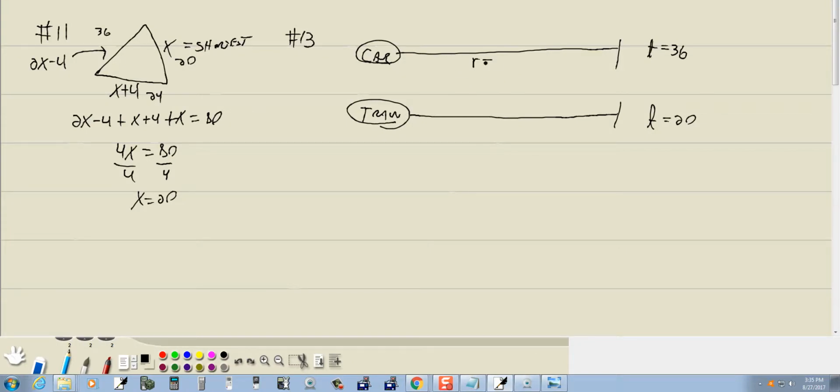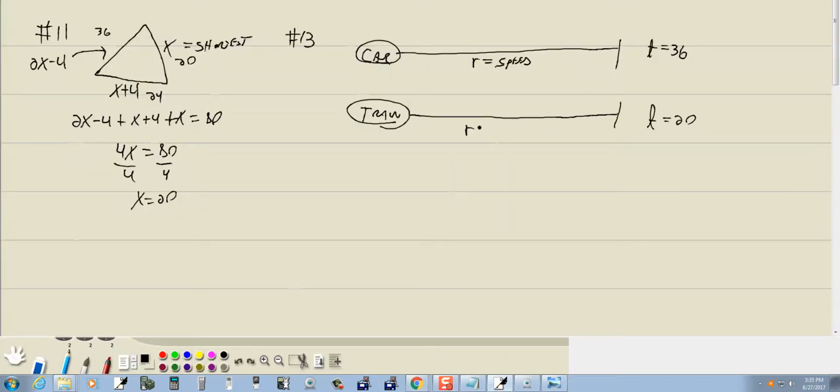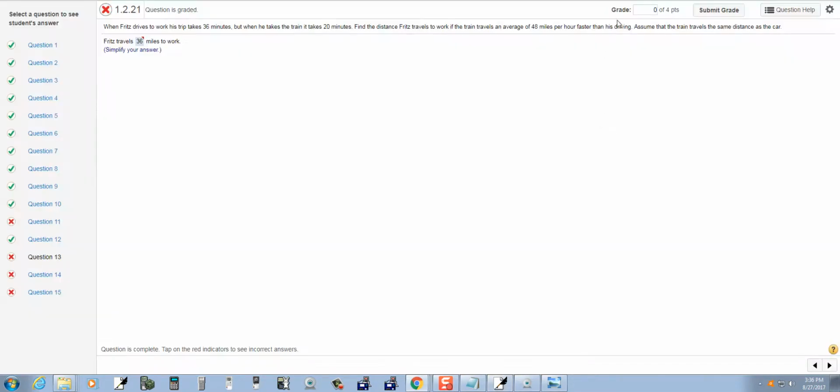So if r is our variable, so that's speed, then an average of 48 miles per hour faster, this would be r plus 48 is our speed. Assume the train travels the same distance as the car.